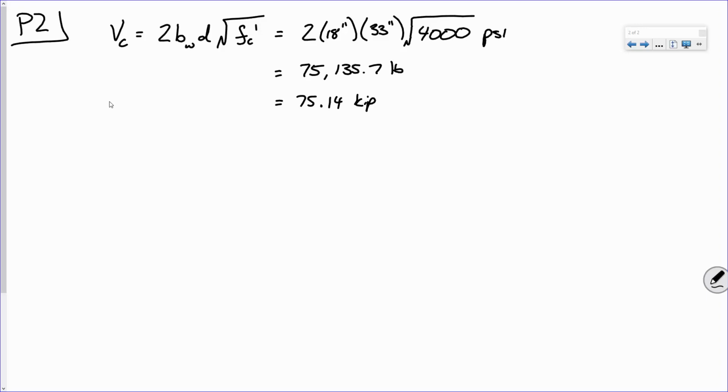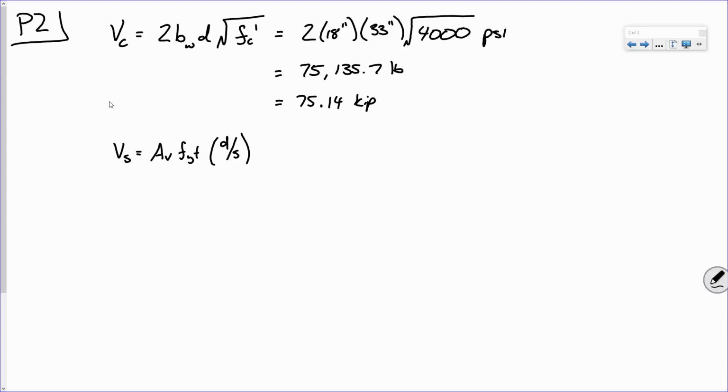Okay. How do we calculate V sub S? V sub S is A_v f_yt d over s. Right? Now, a couple things. Let's start off with A_v. A_v is the area of the steel resisting shear.